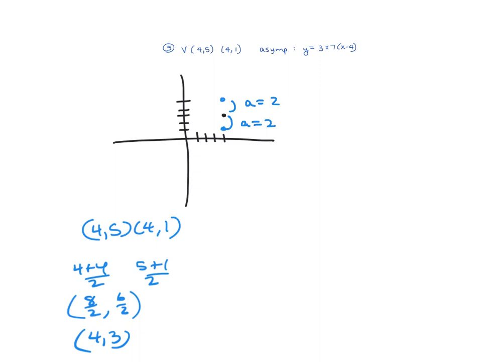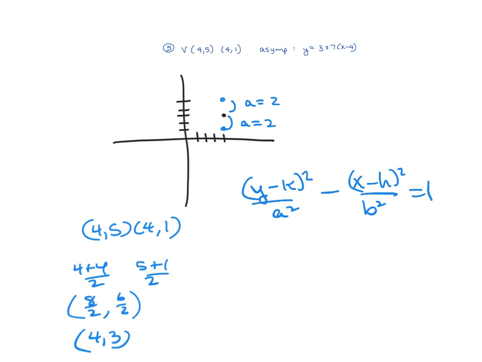Now the other piece of information that was given to me is the asymptote. Now again, you can also see that it's vertical, so the equation we're going to be using is going to be y minus k squared over a squared and x minus h squared over b squared equals 1.